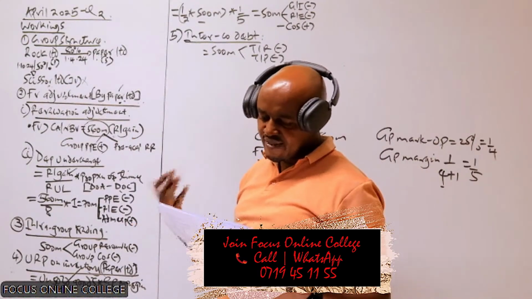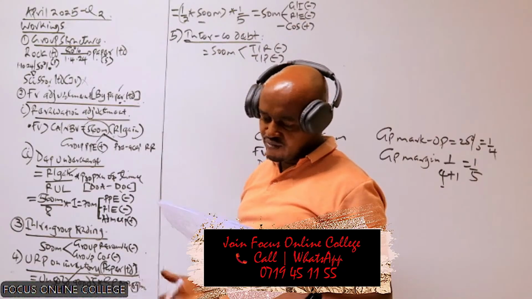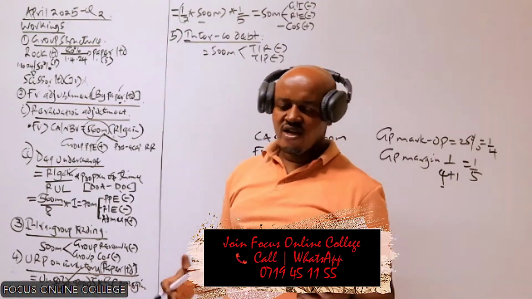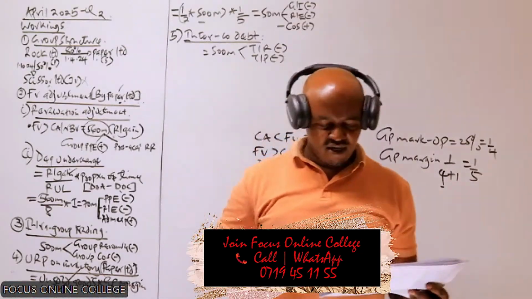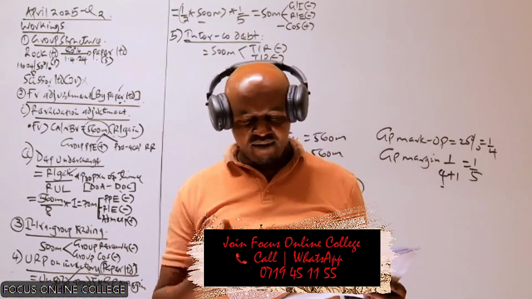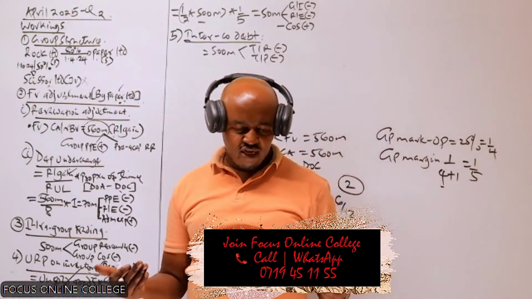Number 5, incomes and expenses of the group companies are deemed to have accrued evenly throughout the year. That information is always given so that if there is something you need to apportion, you apportion it on a time basis.